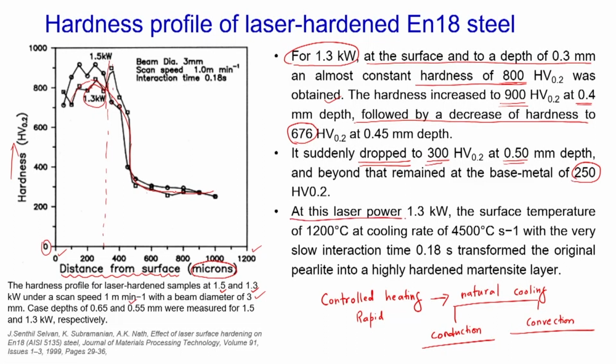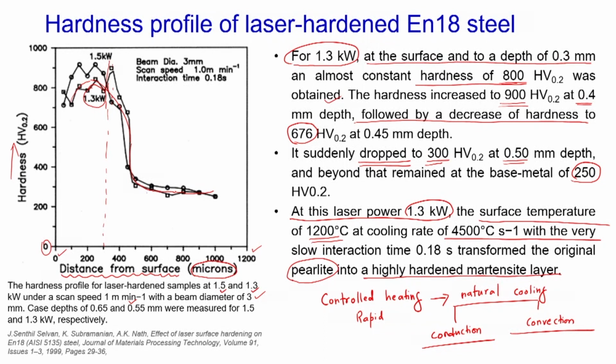So, at this laser power of about 1.3 kilowatt, the surface temperature of about 1200 degrees Celsius at a cooling rate of 4500 degrees Celsius per second, with a very slow interaction rate of about 0.18, was used, and this transformed the original perlite region into highly hardened martensite region.